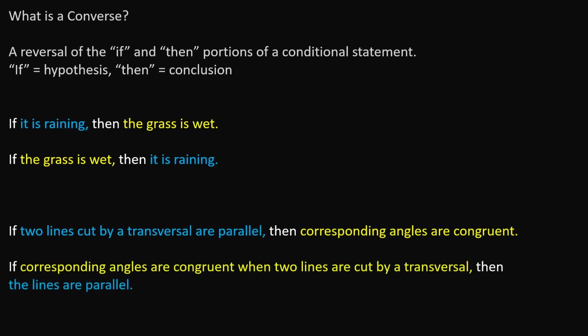If corresponding angles are congruent when two lines are cut by a transversal, then the lines are parallel. So we're going to use statements like this to prove lines are parallel today.